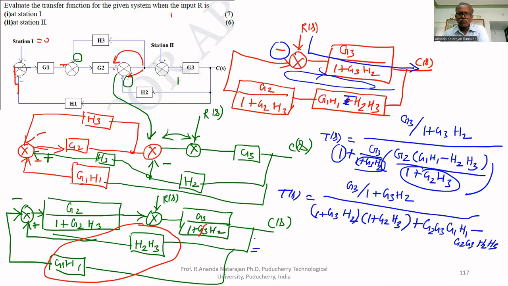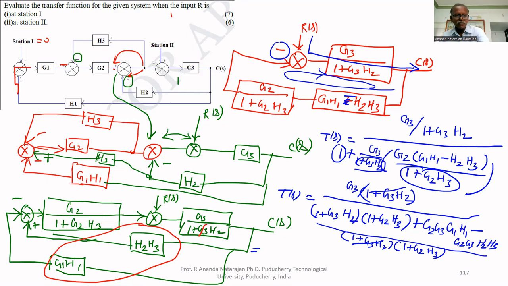This is also equal to whole divided by 1 plus G3H2 multiplied by 1 plus G2H3. G2H3 getting cancelled. G3H2 getting cancelled. This term will come to the numerator.